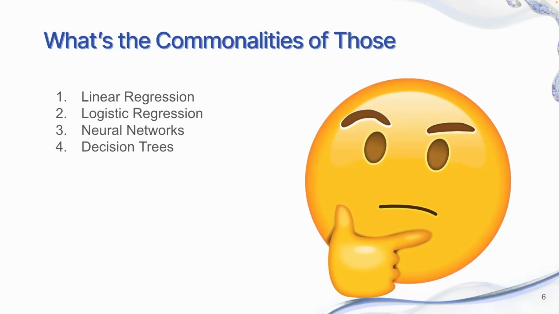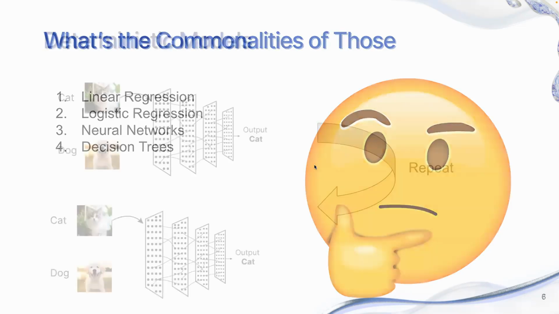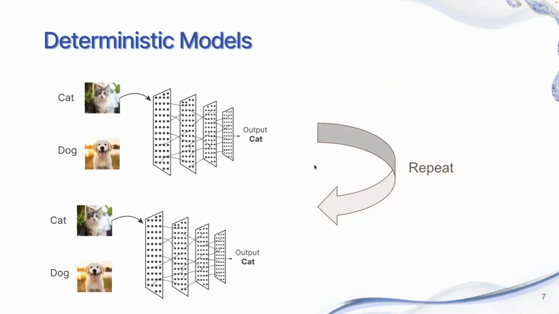Yeah, you need to train them with data. In machine learning, you always need data to train a model. But another commonality is that they are deterministic. Yeah, that's the answer. What you've seen so far are all deterministic models.